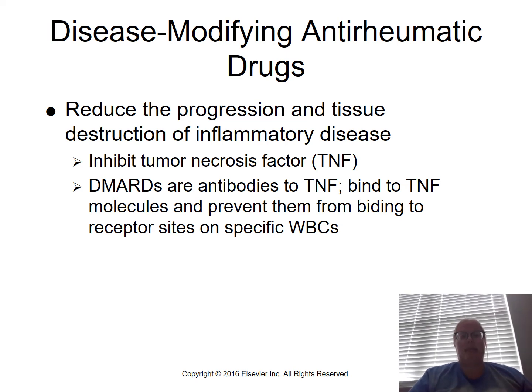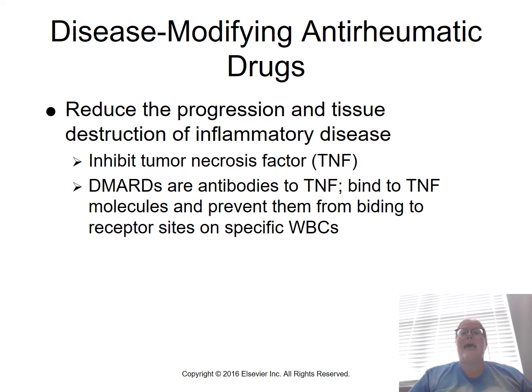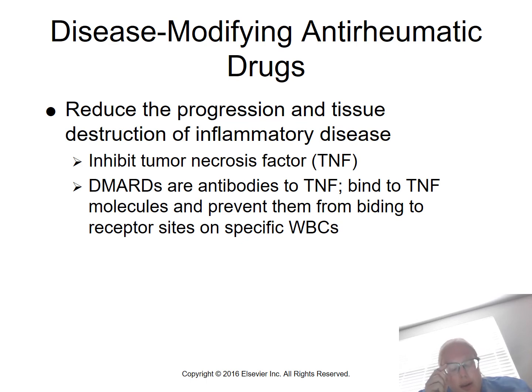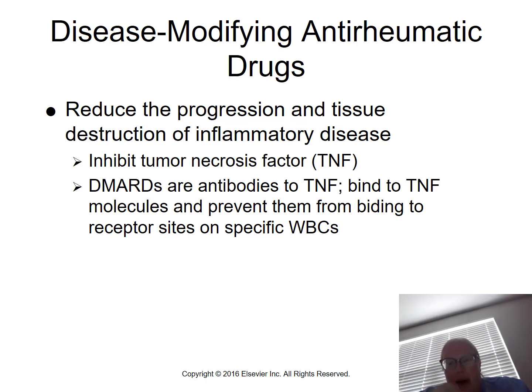Okay, the last type of meds that we're going to talk about are disease-modifying anti-rheumatic drugs. You may also hear these medications referred to as DMARDs, which is just an acronym for disease-modifying anti-rheumatic drugs.